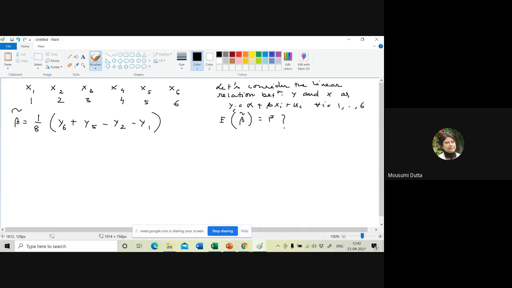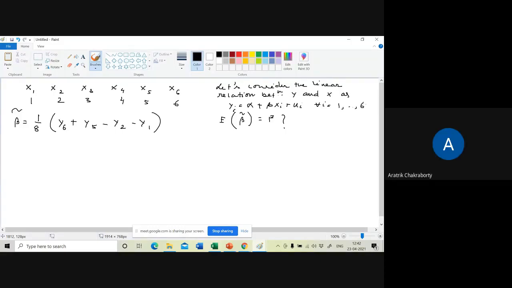Because expectation of ui is equal to 0, the variance of ui is a constant, and covariance of ui uj is equal to 0, we know. So given this value of beta tilde, would anyone tell me how I'll proceed before calculating expectation of beta tilde?